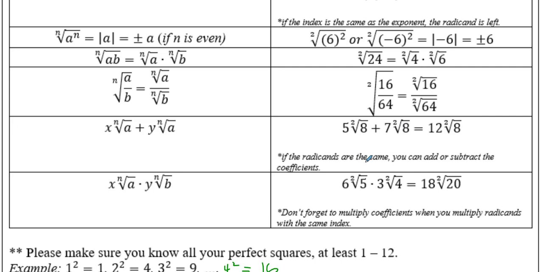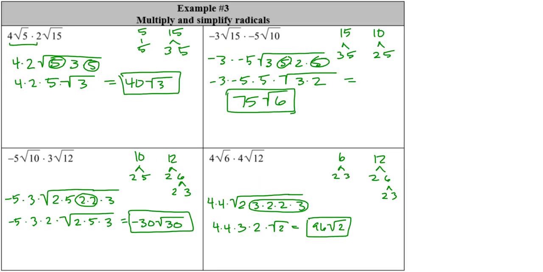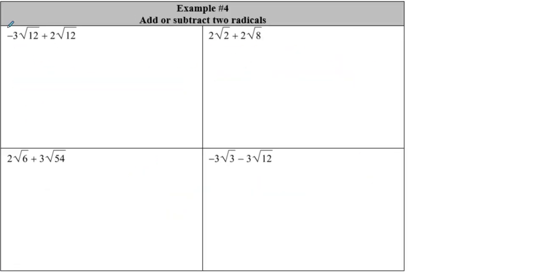If the radicands are the same, you can add or subtract the coefficients. So sometimes they will be, sometimes they won't be. Look at number 1. It looks like they will be. We got square root of 12 and square root of 12. So we can add these coefficients. This one's pretty easy, straight up. Negative 3 plus 2, that becomes a negative 1. And then we keep our radicals the same. Boom, that's it.